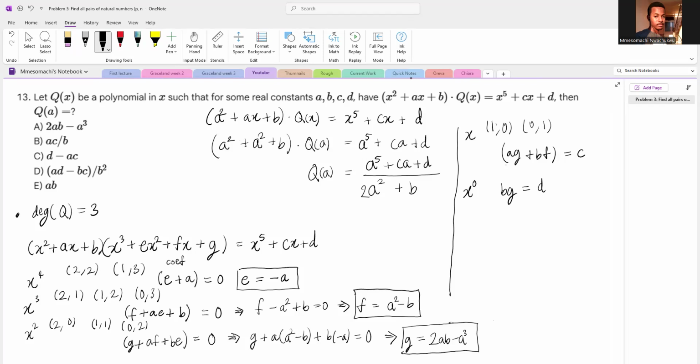Okay, so let's simplify C. So C is going to be equal to A, so remember that G is 2AB minus A cube. So basically I'm working on this to get this.